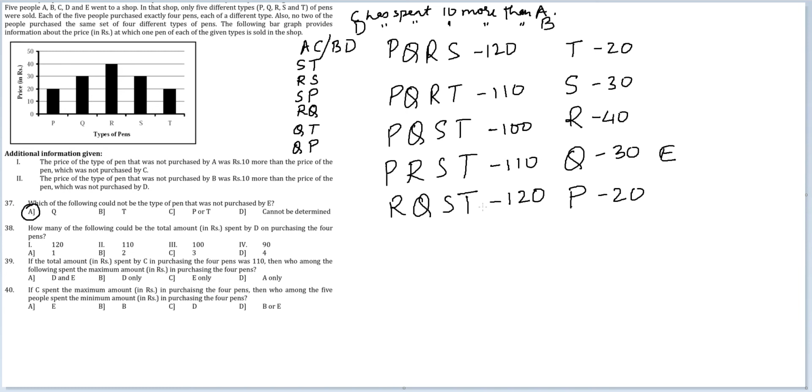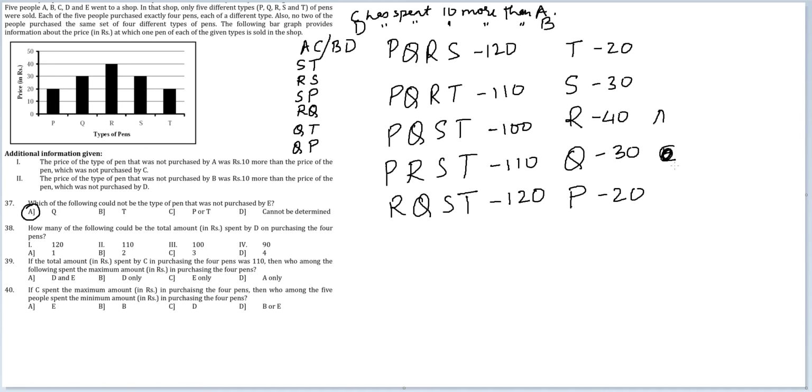Let's look at T. If E was buying T, yes, we can have A here and C here, and then D here, and then B here. A is supposed to be 10 more in the right column. So A here, C here, this can work.